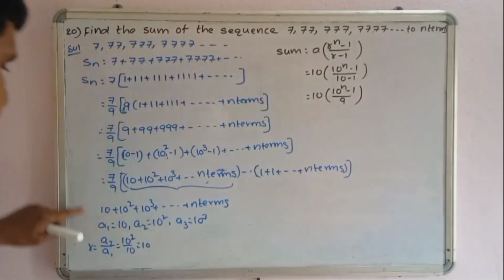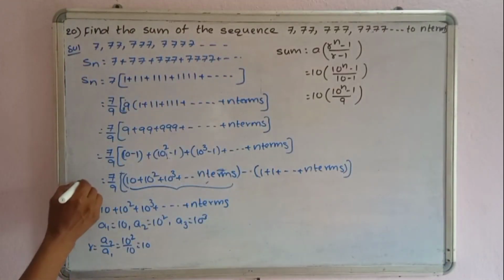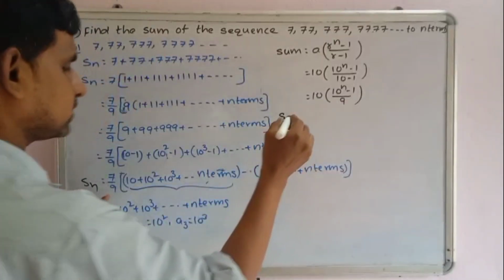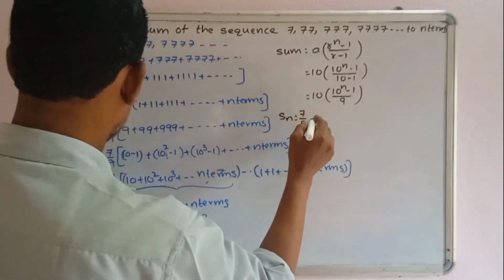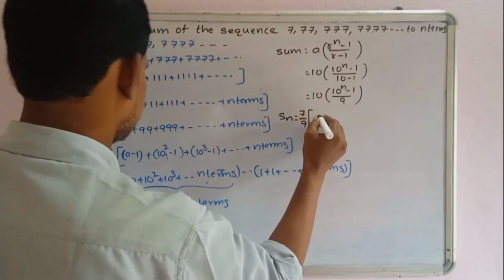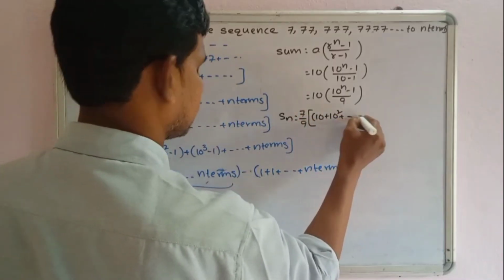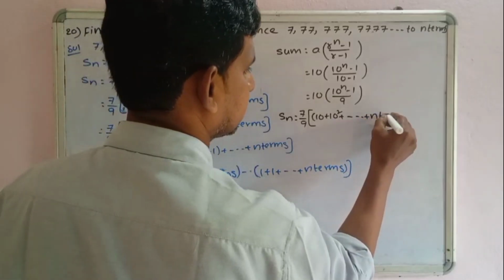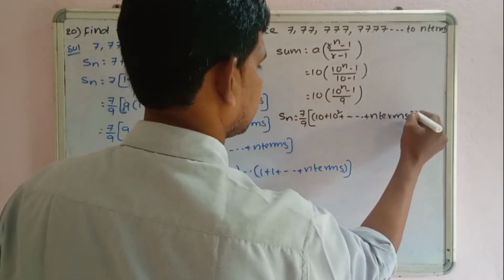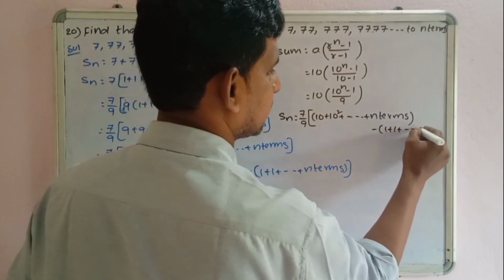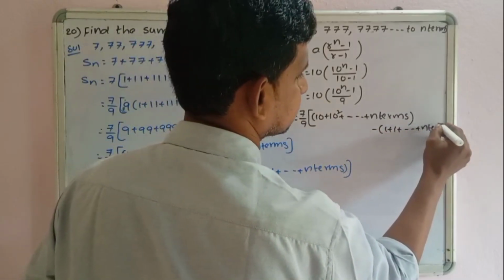Okay, now we will find this value, Sn value. So Sn equals 7 by 9 into 10 plus 10 square plus so on n terms, minus 1 plus 1 so on n terms.